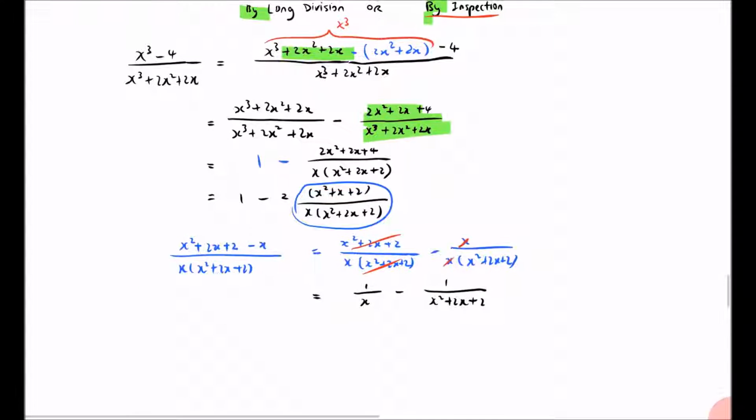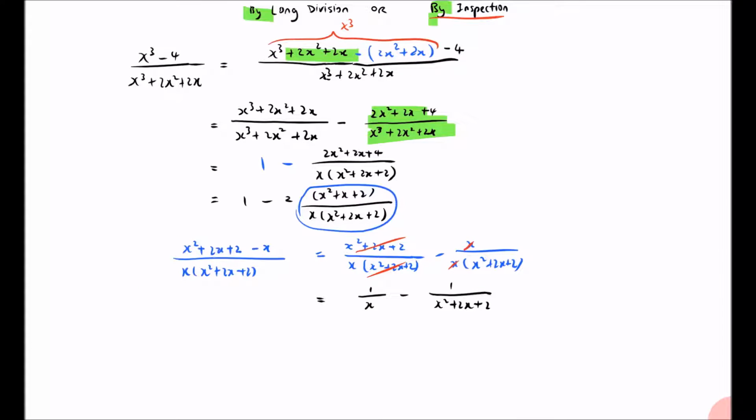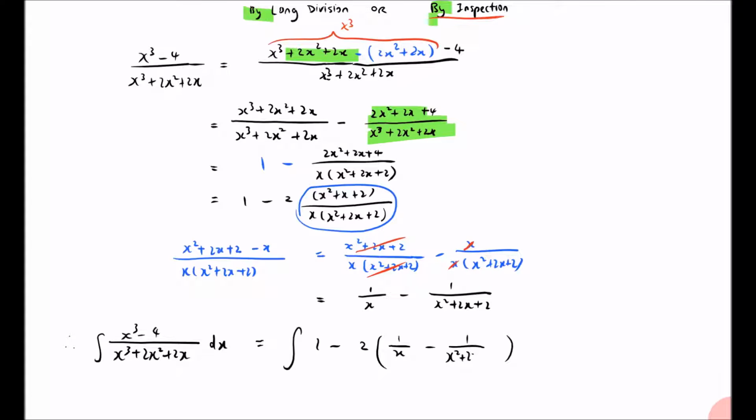After inspection, now we can do the integration. Therefore, integrate x cubed minus 4 over x cubed plus 2x squared plus 2x dx equals the integral of 1 minus 2 times the whole thing, because that's our inspection result.